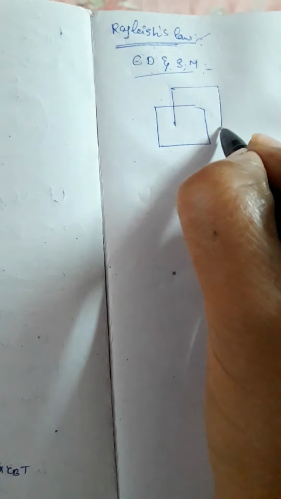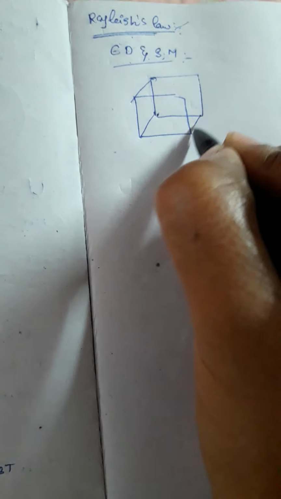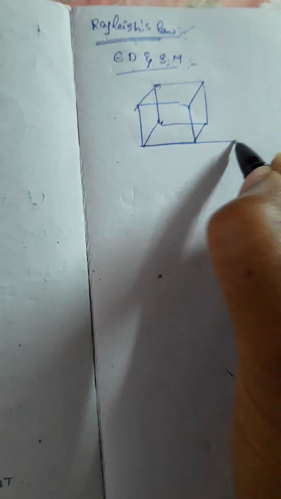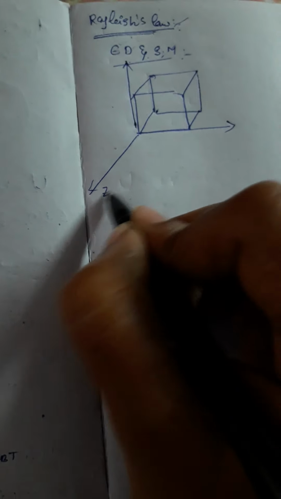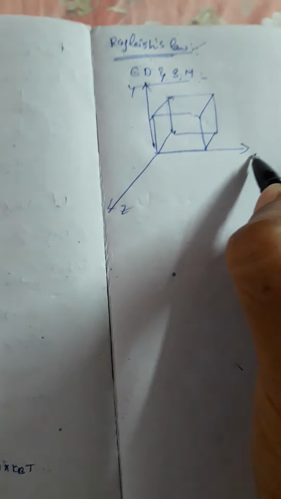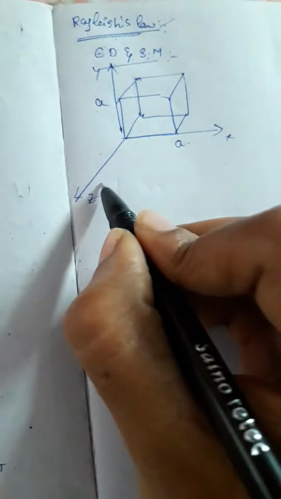We'll discuss now. For deriving Rayleigh-Jeans law, we are considering a cube, that is this one, having three dimensions, that is along x, y as well as z. Having length a in all three dimensions.